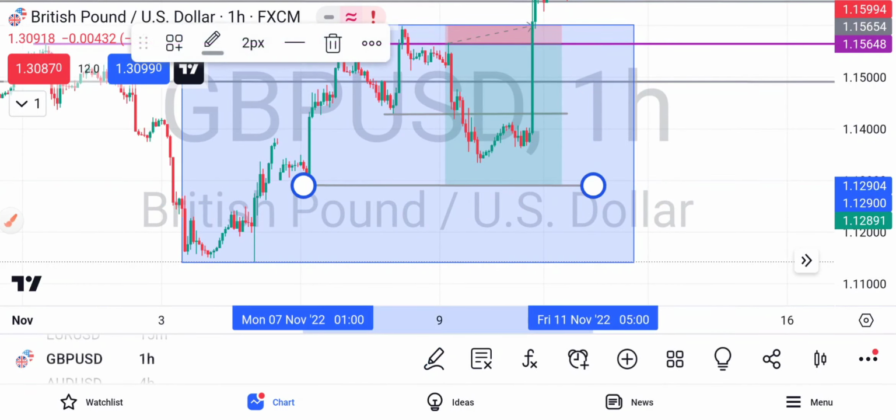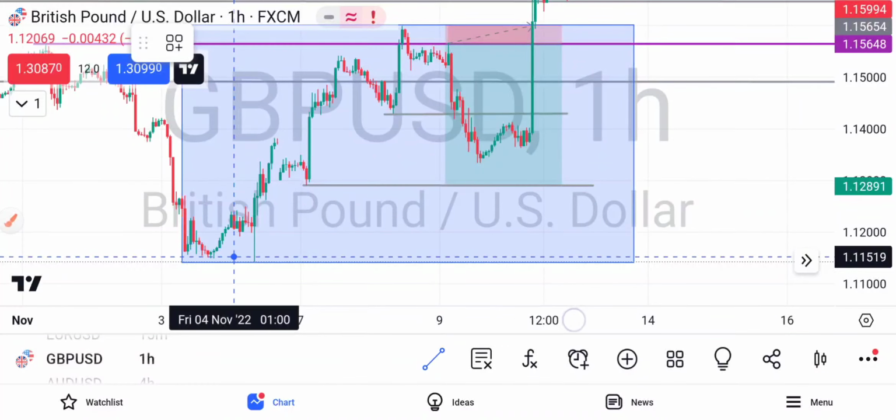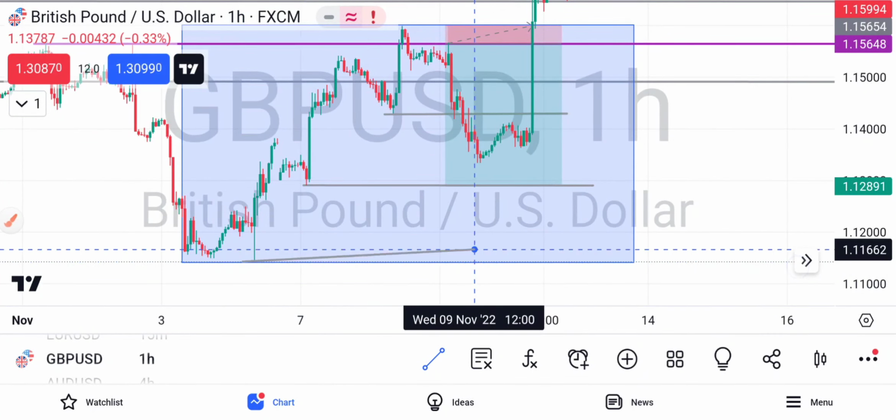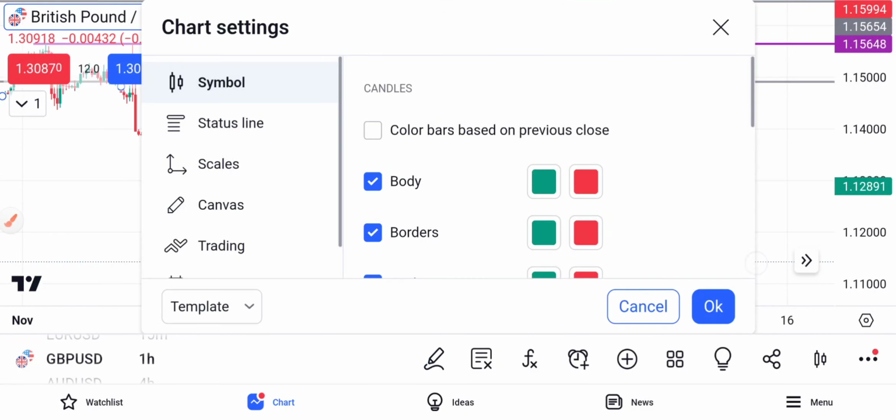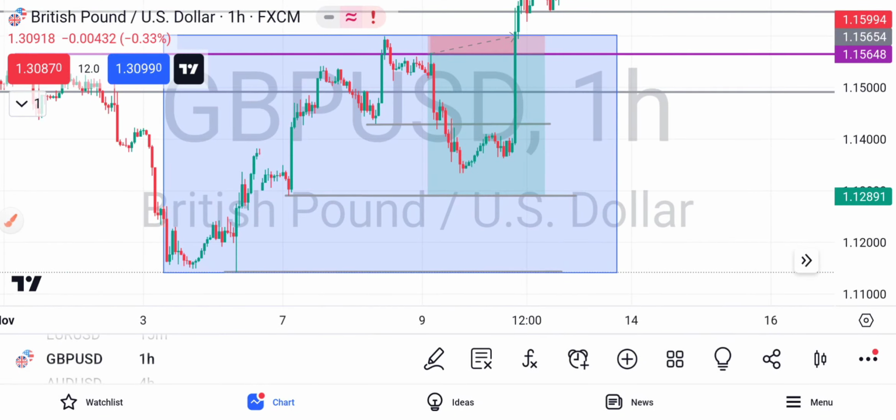That is where your large funds will start attacking all this liquidity around there. They'll be looking at the market to take out all those liquidities.